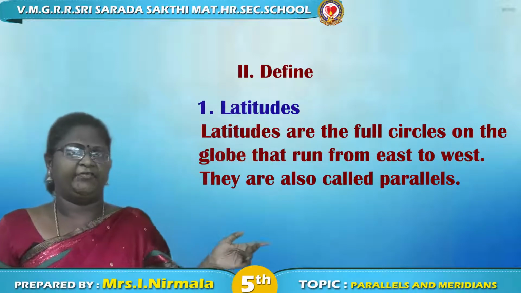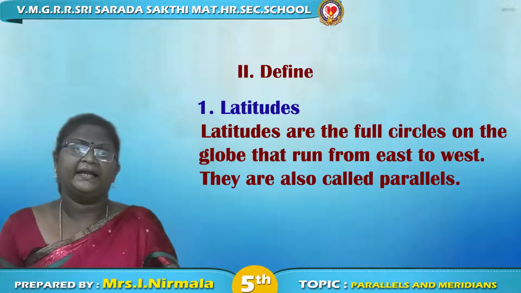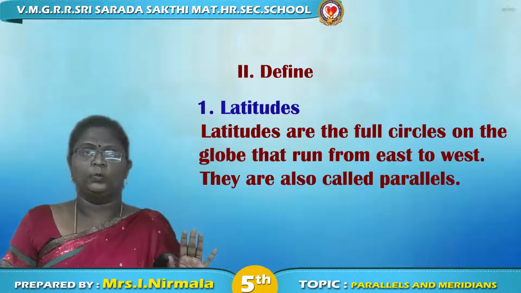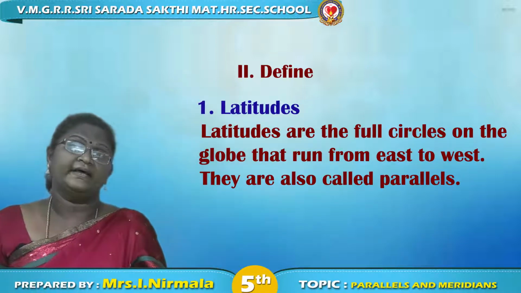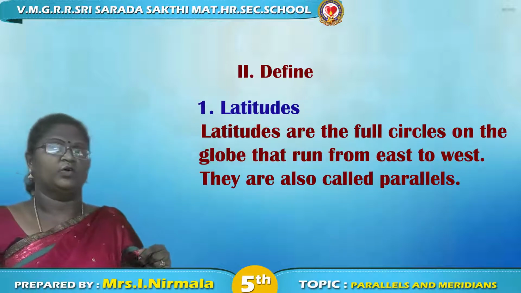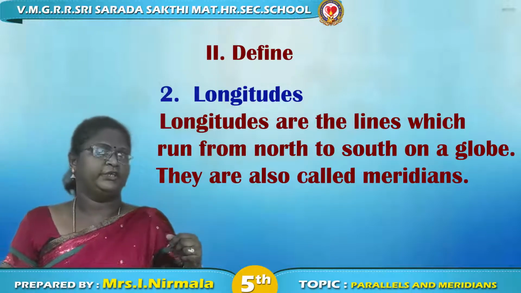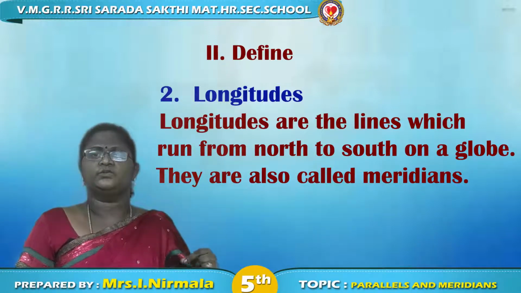First define: latitudes. What is meant by latitudes? Latitudes are the full circles on the globe that run from east to west. They are also called parallels. Second one is longitudes. Longitudes are the lines that run from north to south on the globe.